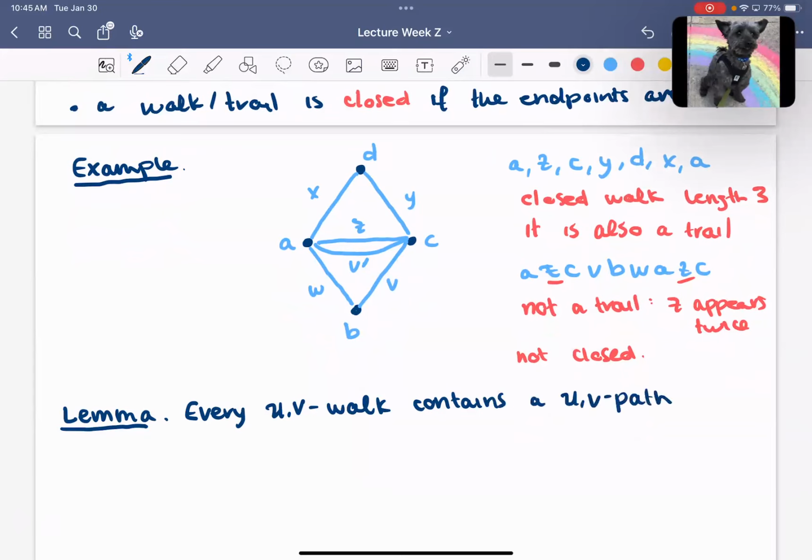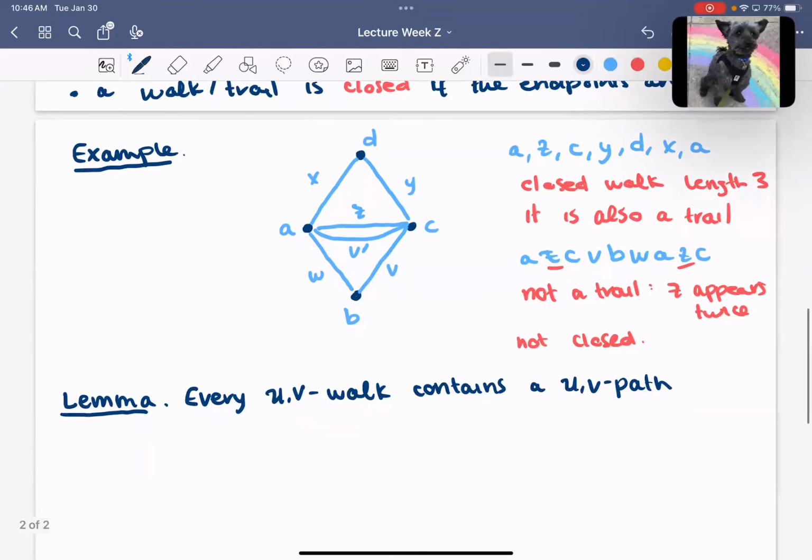Okay, so what is the content here? Your walk may use some vertices or edges more than once, and a path would not do that, right? So we're gonna try and see a way to take a walk and inside of it see a path.